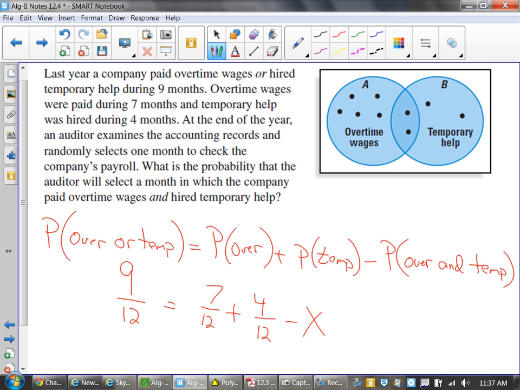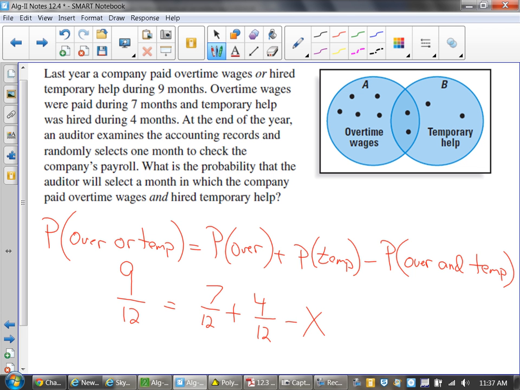Solve for x. It's 1/6. Yep, you get 1/6. A lot of people can do that in their head when you set it up like that. You get 11 over 12, and you need to make 11 over 12 equal 9 over 12. What do you do? You subtract 2 over 12.